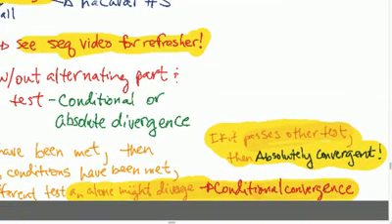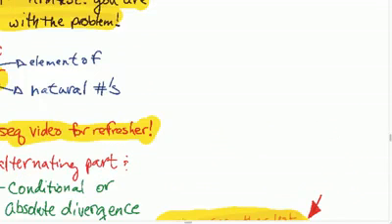If it fails the other test without the alternating part, then it's conditionally convergent. But if it also passes that test, it means under all conditions it was convergent, not just alternating series convergence, okay? So let's look at these two problems here.